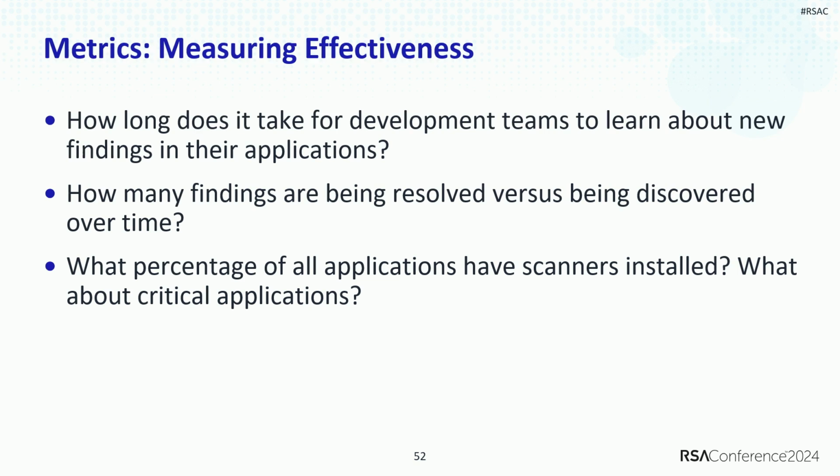What percentage of all applications have scanners installed? What about critical applications, for example? So some of these are just questions that you can ask to figure out the metrics that you need. But really, there are other questions that you can ask as well.